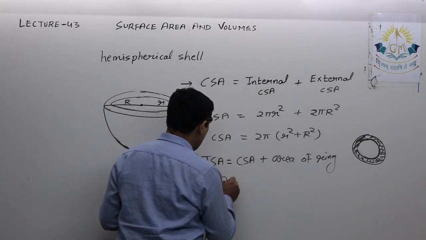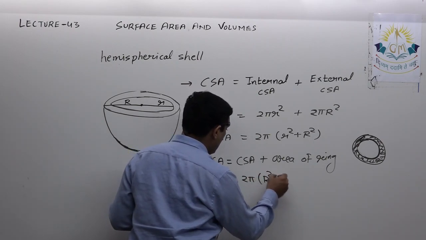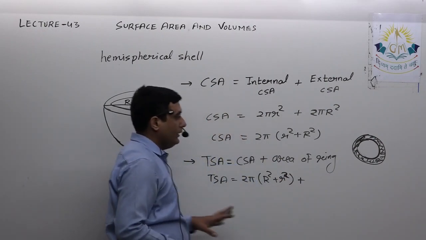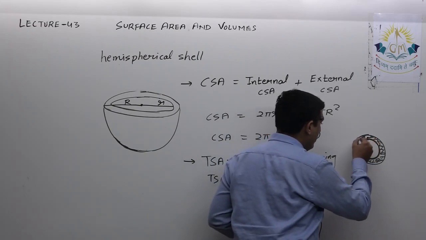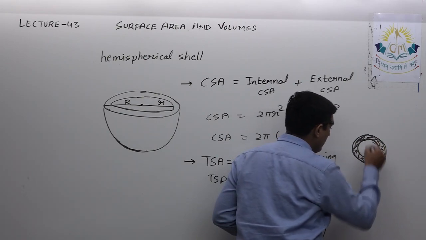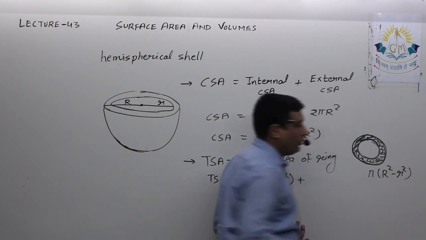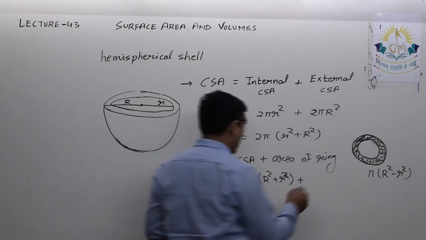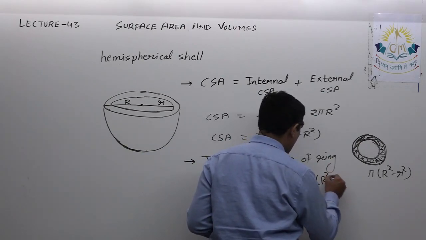So TSA is CSA, 2 pi r square plus R square, plus the area of this ring, which is obtained by the area of the external circle minus the area of the internal circle. That means pi capital R square minus small r square.